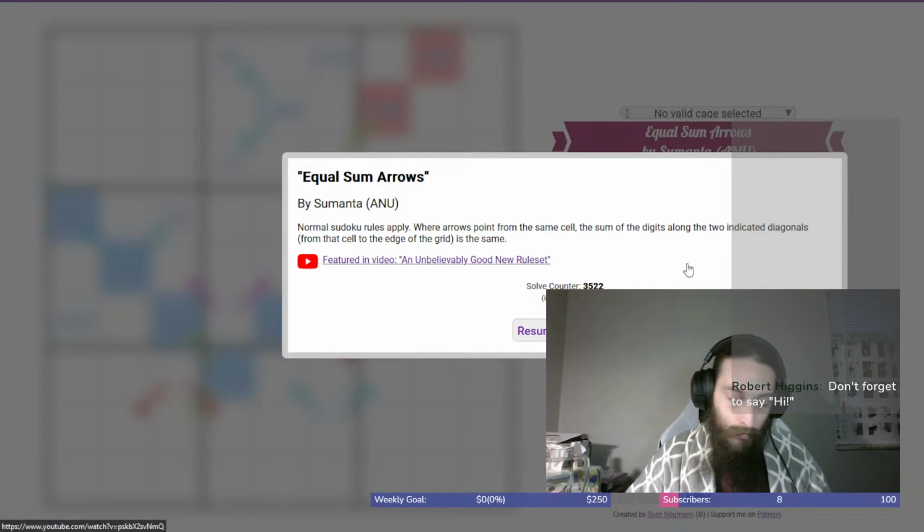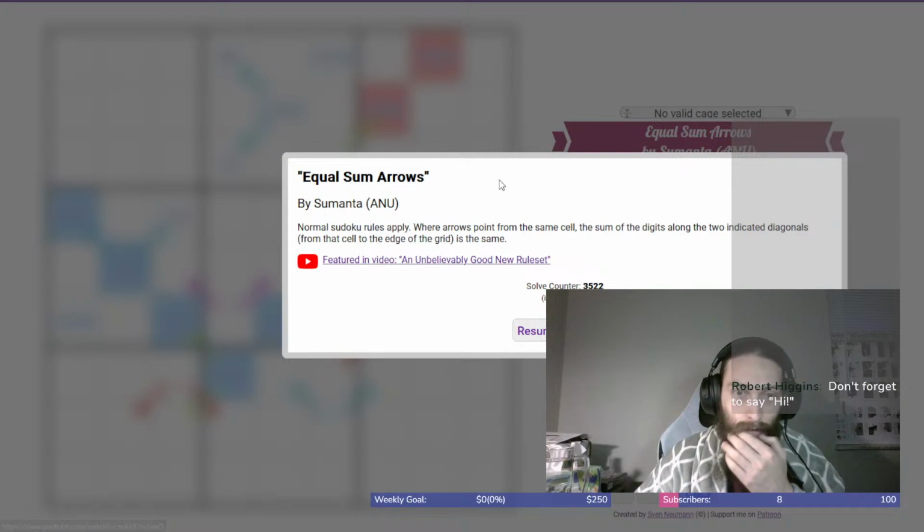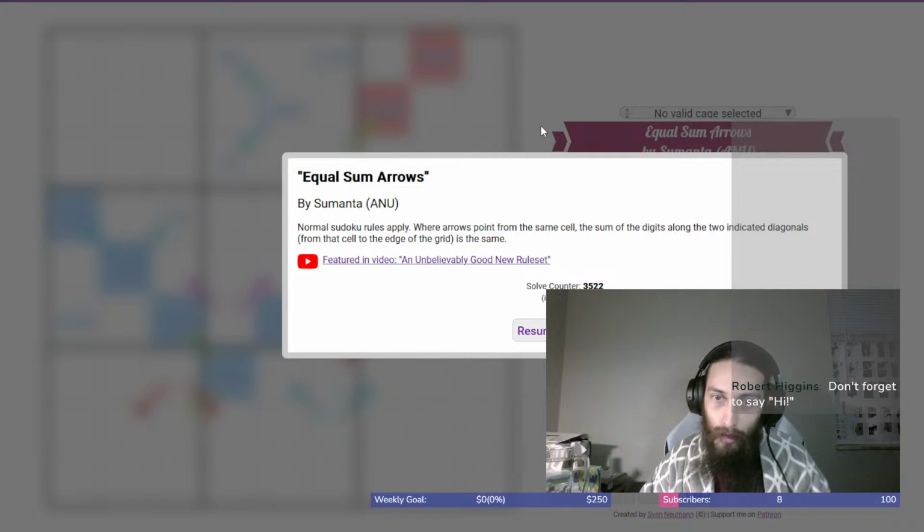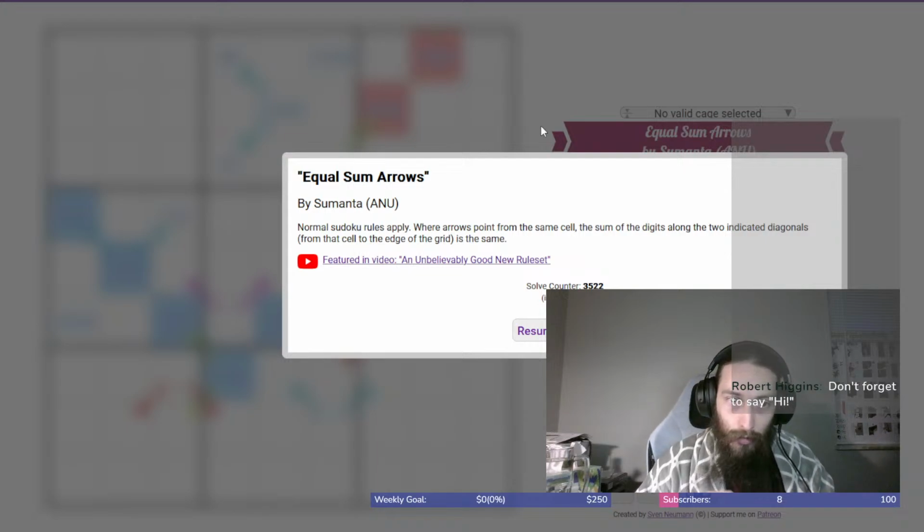Yeah, then we go over here and we just start solving. So we are doing a puzzle from last time because we didn't finish it before 10. Equal sum arrows by Samantha. Normal Sudoku rules apply where arrows point from the same cell. The sum of the digits along the two indicated diagonals from that cell to the edge of the grid is the same.